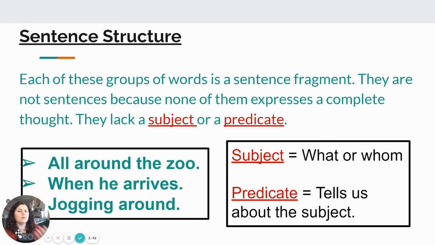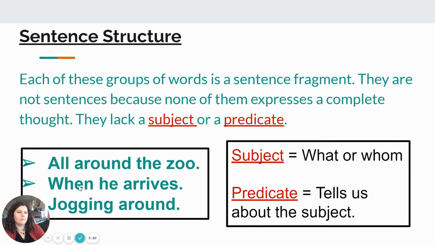Other pieces of sentence structure. So how do you know if something is not a complete sentence? We determine that by looking at subjects and predicates. Now, these are big fancy words, but what they mean is, do you have a complete idea, or is it a sentence fragment? Do you only have a part of the idea? So these are phrases on the left here that are a sentence fragment.